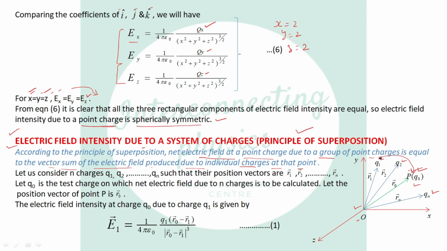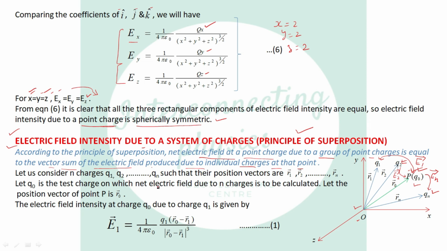Suppose Q1 exerts a force on Q0, and Q0 experiences force in the field of Q1, so we write it as E1. Due to Q2, we write it as E2. Similarly, if Qn exerts force on Q0 in the field of Qn, then we write it as En.